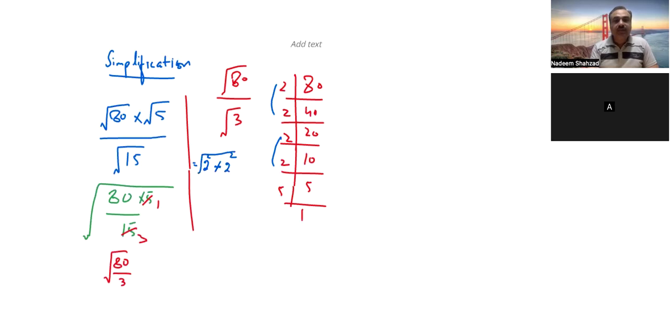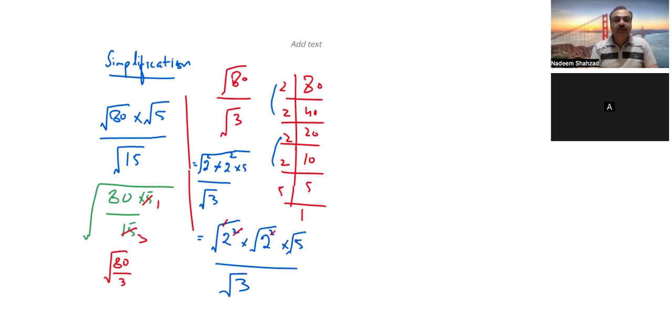Now we can separate their square roots: square root of 2 power 2, and then again square root of 2 power 2, times square root 5, divided by square root of 3. These two square roots will be cancelled with the squares.